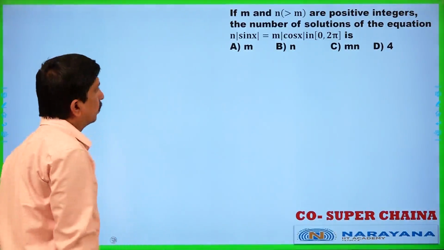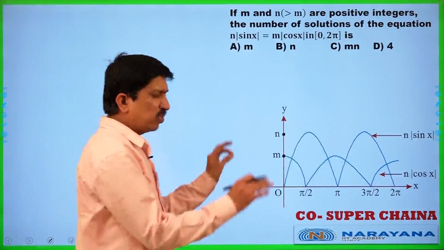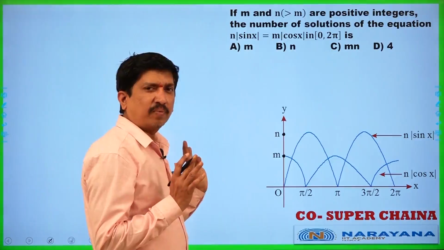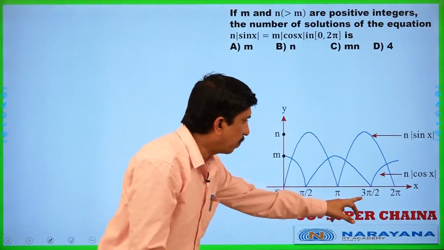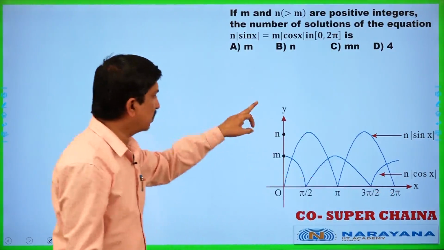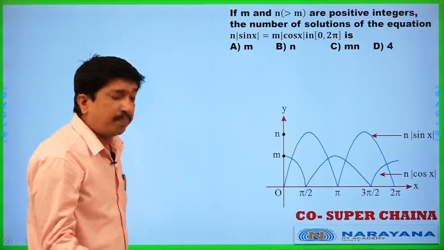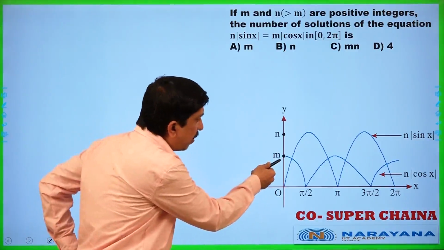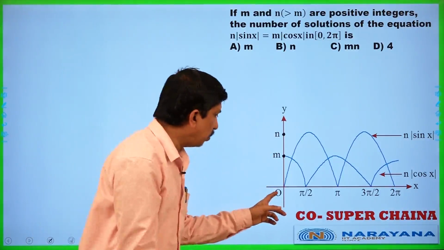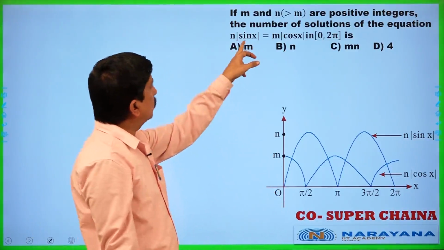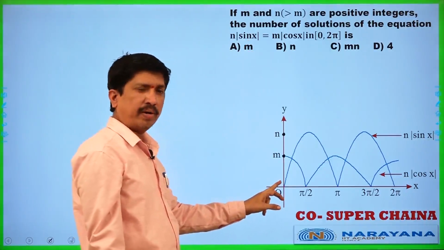Now observe the graph. Here we have 0, pi by 2, pi, 3 pi by 2, 2 pi. This is the x axis and the y axis. This is 0 only. n is greater than m, so here I am taking m. Now if x = 0, n sin 0 is 0, here you get 0.